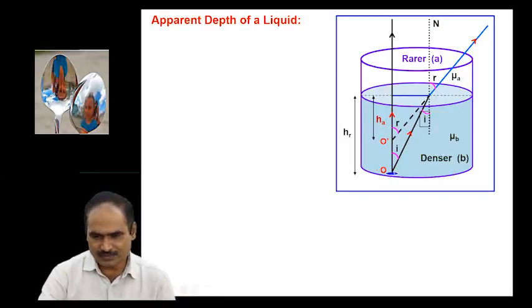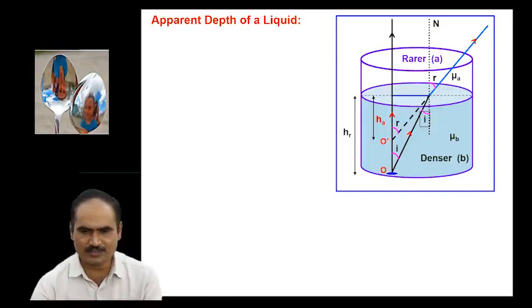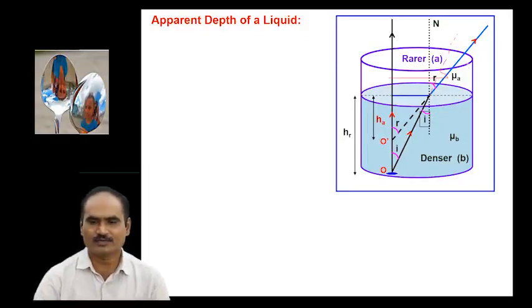Now let us consider a coin at the bottom of a container. When you view from here, a light ray travels in this manner, and it will go like this. In the absence of this medium, it would have gone like this, right? But it goes in this manner because when light travels from a denser medium to a rarer medium, it goes away from the normal.